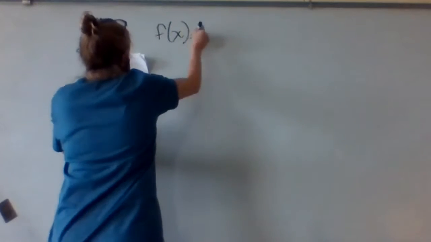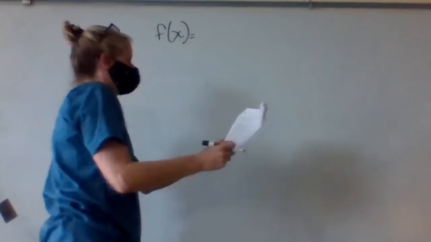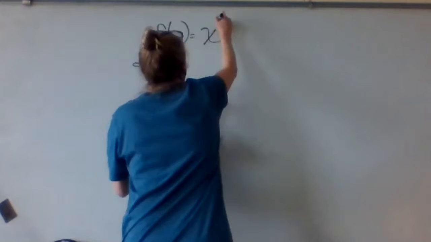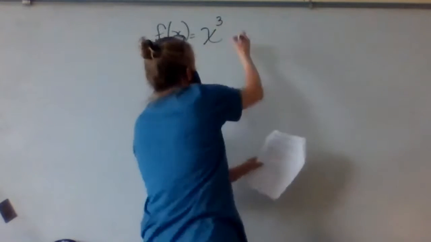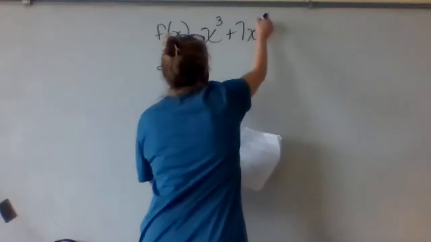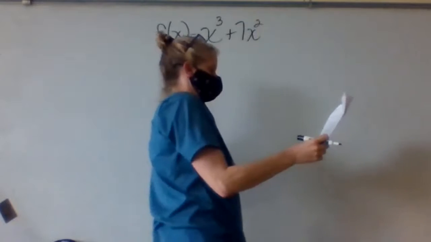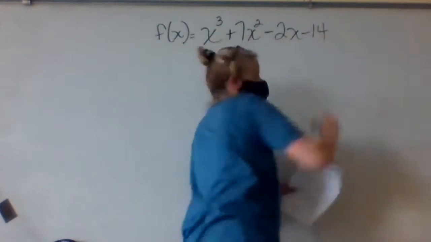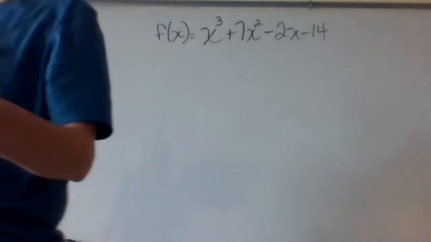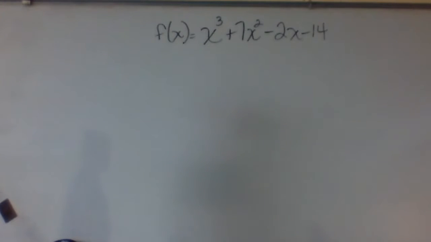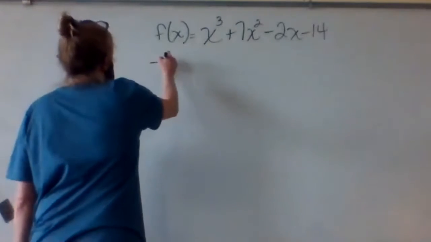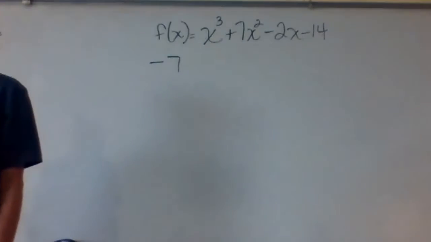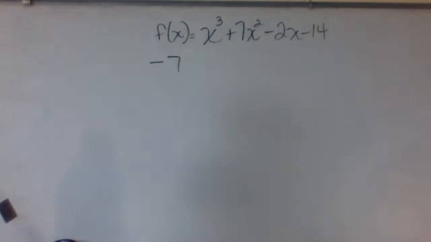The function that they give us is f of x equals x to the 3rd plus 7x squared minus 2x minus 14. And it tells us one of the zeros is negative 7. And it wants me to find the other zeros, okay?